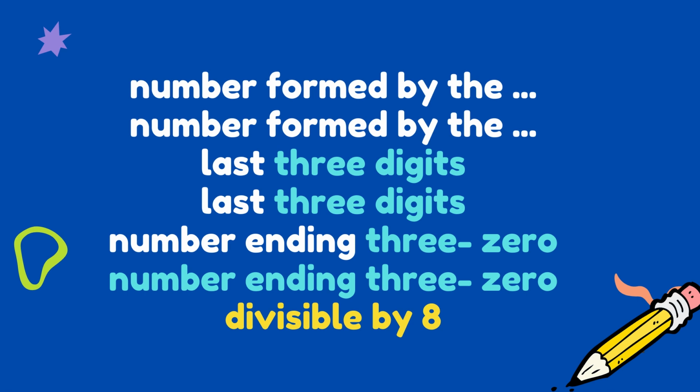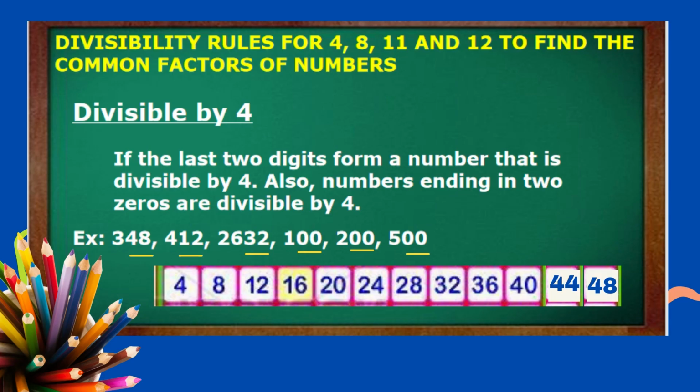Number formed by the last three digits, number ending 30, divisible by 8. Divisible by 4 if the last two digits form a number that is divisible by 4. Also, numbers ending in 2 zeros or 20 are divisible by 4.